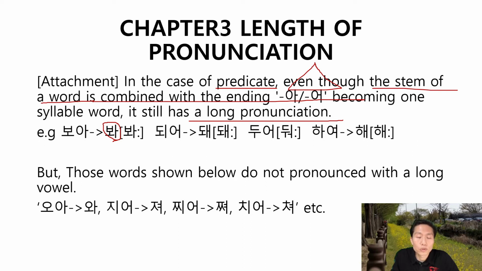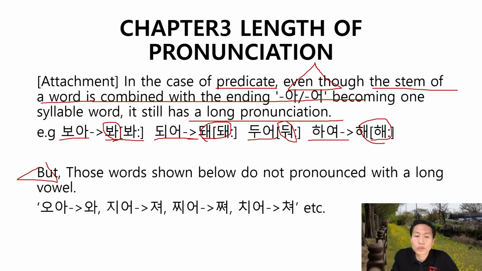For example, 보아, it shortened 봐. Another example is 돼요, it's shortened as 돼. For 두어, it's shortened as 둬. For 하여, it's shortened as 해.